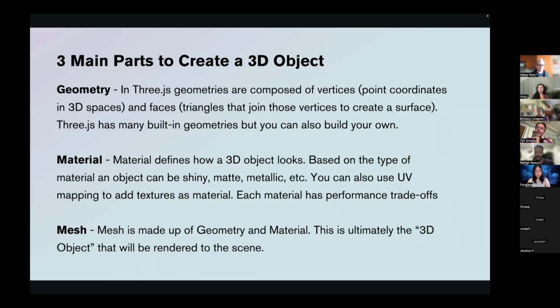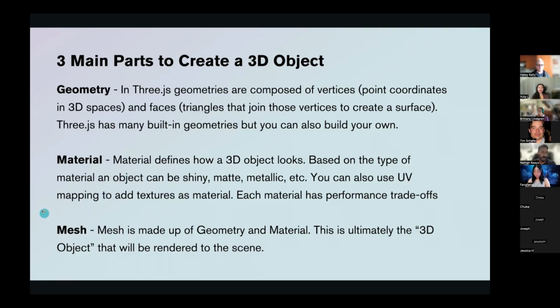That's what I was saying about WebGL: you have to do all that manually, which is a headache. Three.js has many built-in geometries, but you can also create your own. We're not going to talk about that in this talk, but it makes it a lot easier to create your own geometries as well.